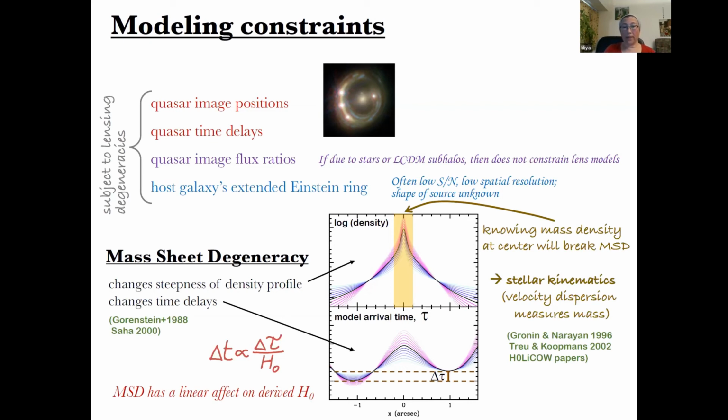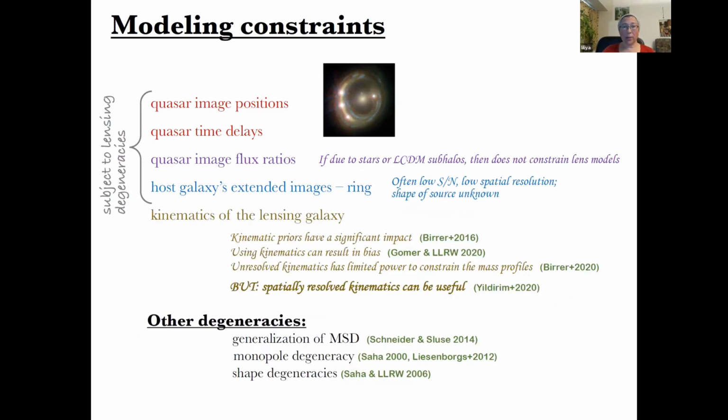So that will be great, and it works kind of okay, but there are problems with that as well that have been identified. There are assumptions that go with implementing kinematics to measure the central density, and these kinematic priors have a significant impact on the result. They can introduce a bias.